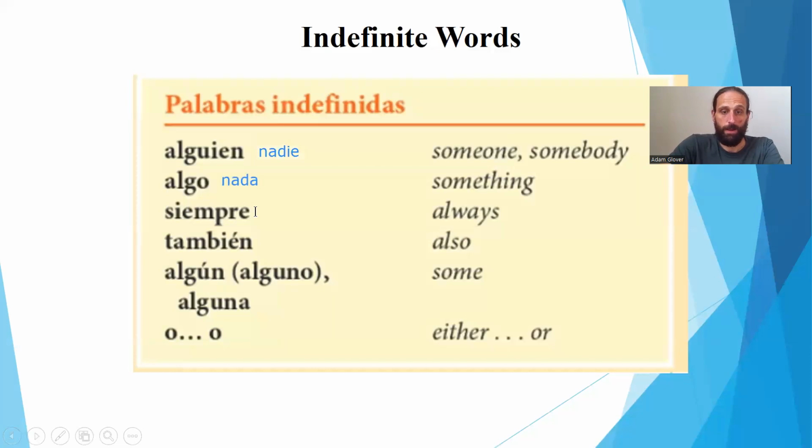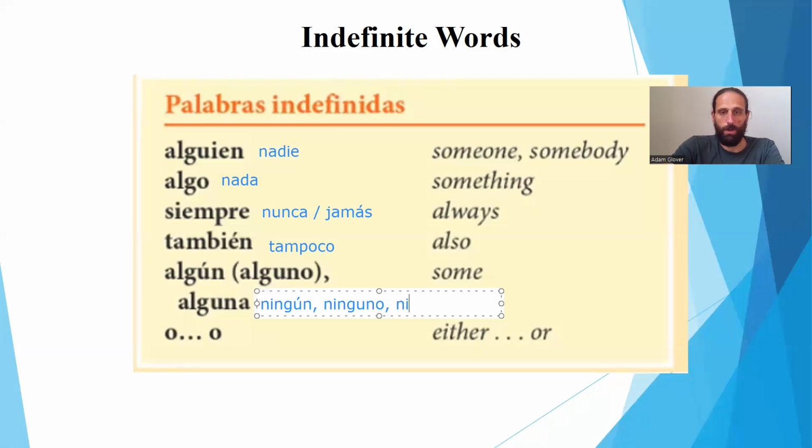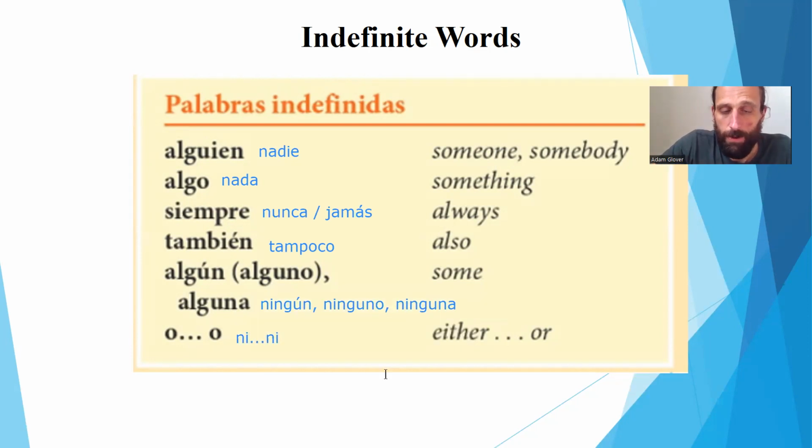Siempre, nunca, or jamás. También, tampoco, like also, either. Algún, ningún, ninguno, or ninguna. And o, either or, ni, neither nor.